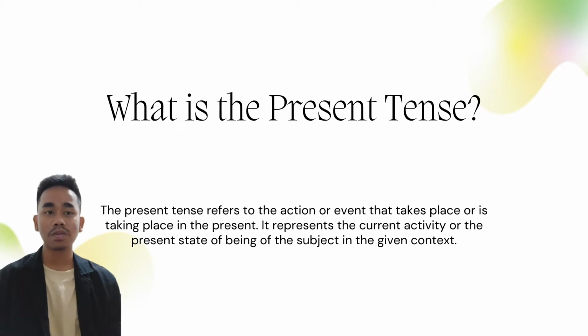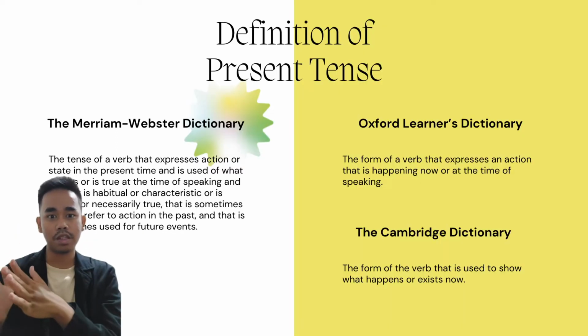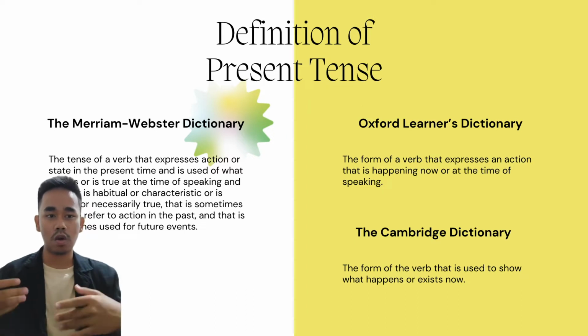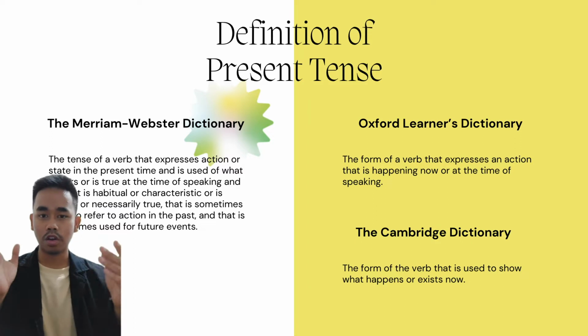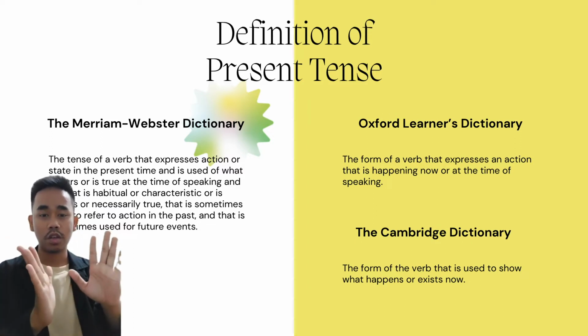So the present tense is used when you do something, or you did something just a few minutes ago or an hour ago, or you are doing something right now, or you want to do something.